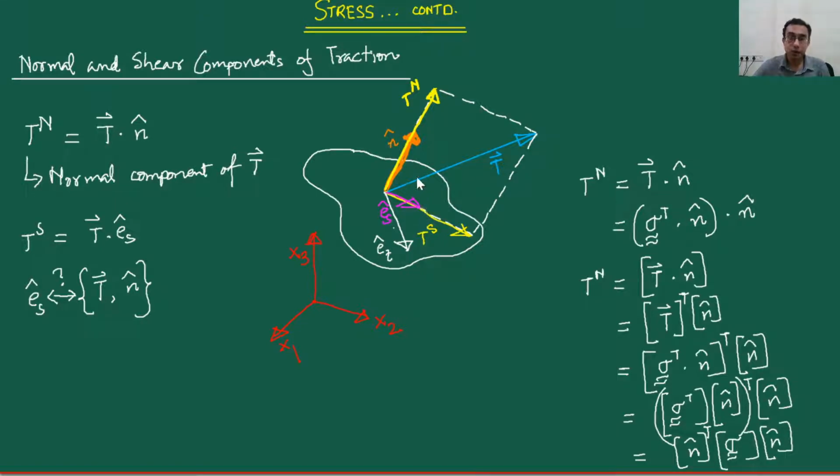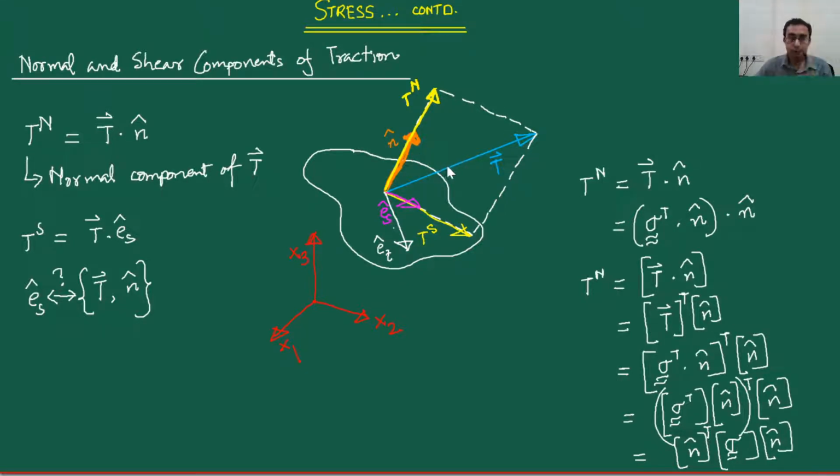It is in that situation, for such a plane where the n hat is such that the traction vector is parallel to the n hat, that such a plane is referred to as the principal plane, and the stresses associated with it are referred to as the principal stresses.